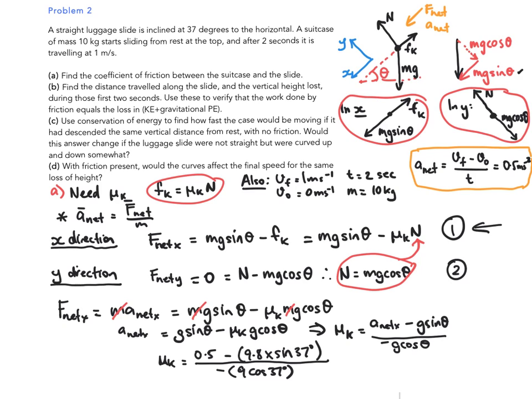Make sure your calculator's in the right mode, guys. 0.69. That's your answer. You might ask what the units are. Well, it's a coefficient, so it doesn't have units. It's just a number that, between 0 and 1, tells us how much friction there is, 1 being maximum and 0 being minimum.